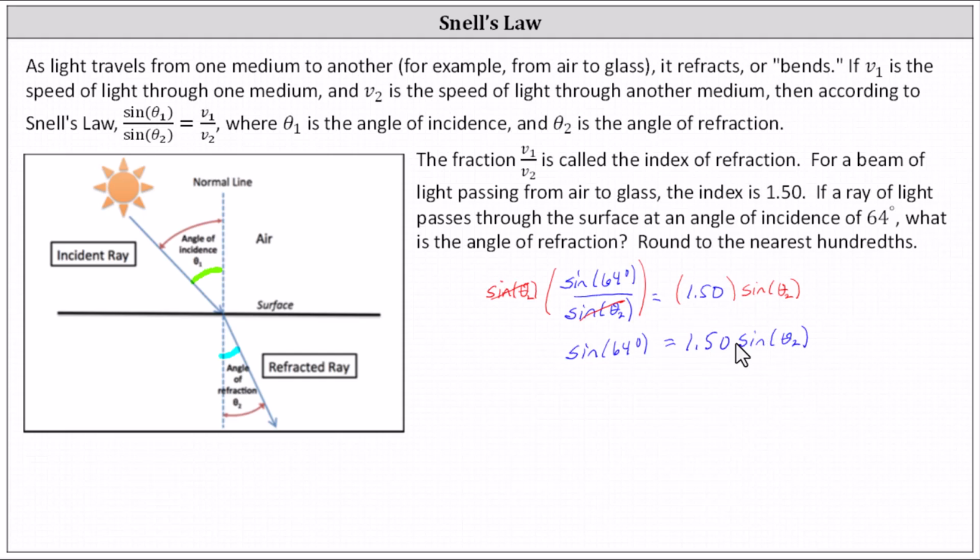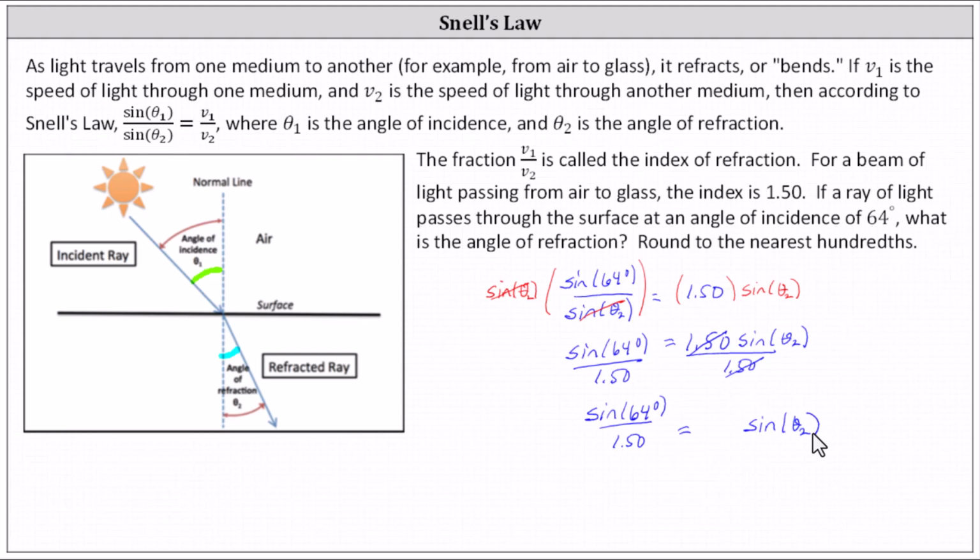And now we'll divide both sides by 1.50. Simplifying, we now have sine of 64 degrees divided by 1.50 equals sine of theta sub 2.